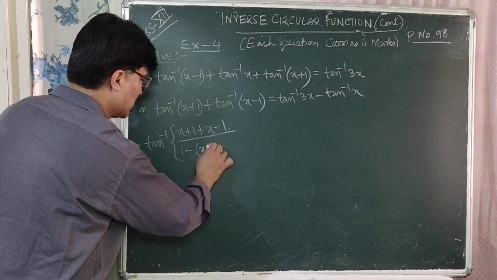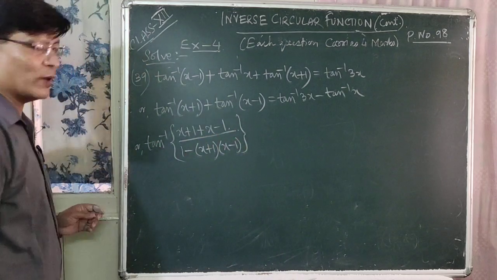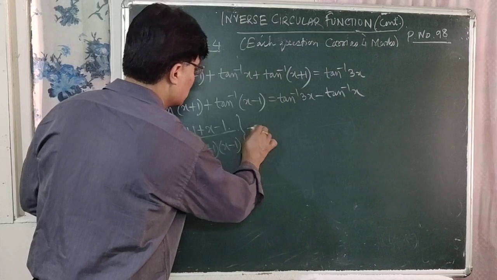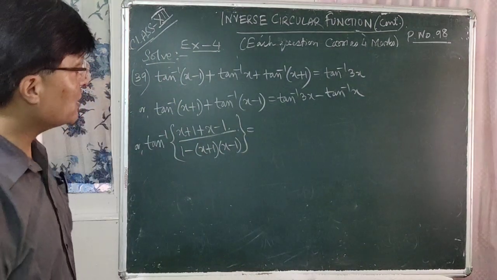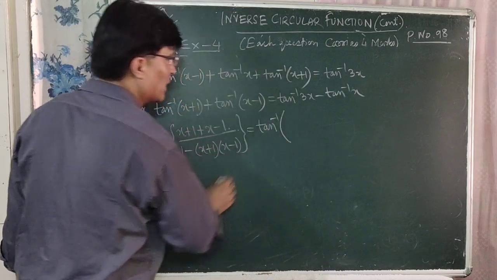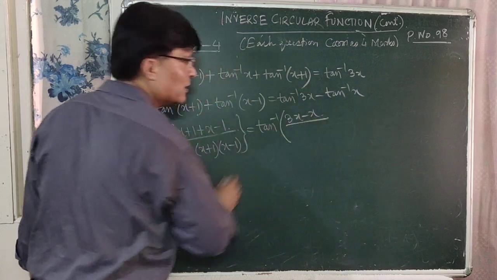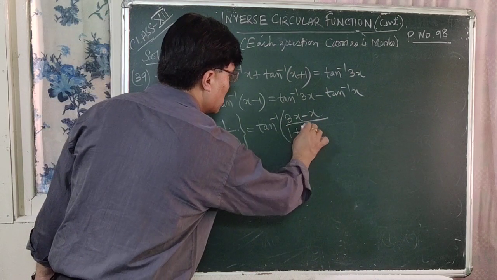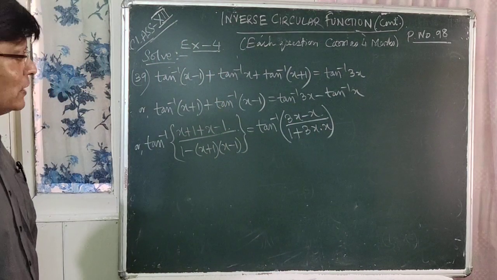What is xy here? (x plus 1) into (x minus 1), which is equal to, on the right hand side, what is the formula that you can use here? It is tan inverse x minus tan inverse y. So it is tan inverse within bracket. What is x minus y? 3x minus x divided by 1 plus xy, that is 1 plus 3x into x.